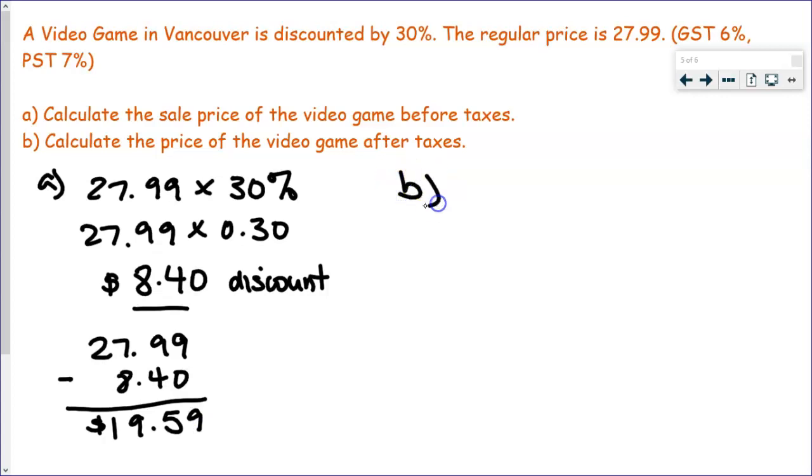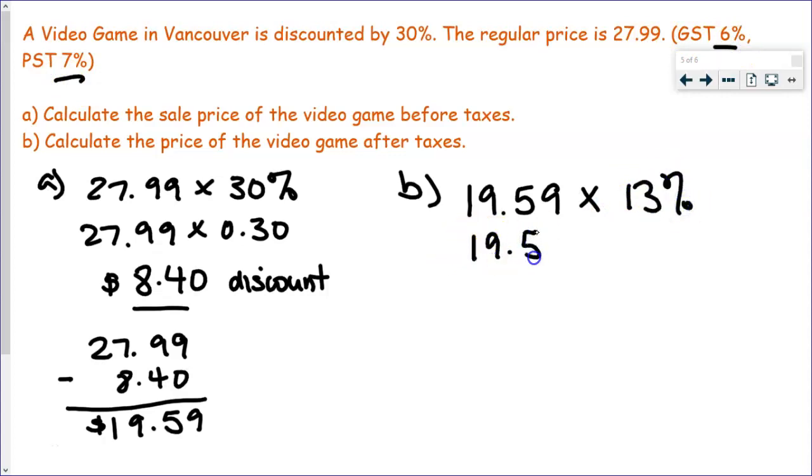Alright, now it says to calculate the price of the video game after taxes. So we're going to take that $19.59 and we're going to times it by 13% because we're adding both taxes here. Same stuff here to the decimal. And we're going to get about, okay, I'm actually going to write what's on the calculator because this is what you'll be seeing. 25467.